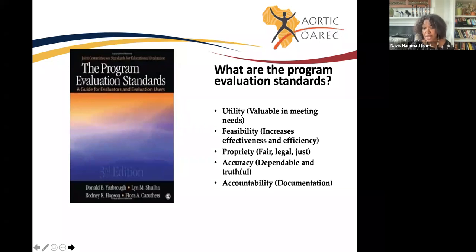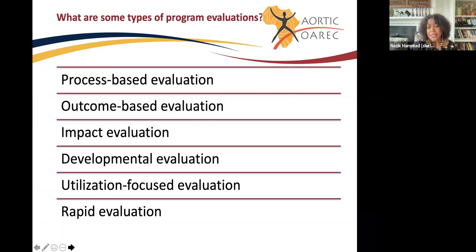There has to be propriety, which means it has to be fair and just. And accuracy, so the data in your program evaluation should be dependable and truthful. And it has to be accountable, so you need to document it well and share it with the appropriate stakeholders.